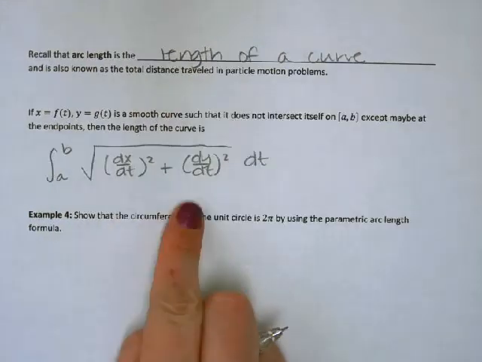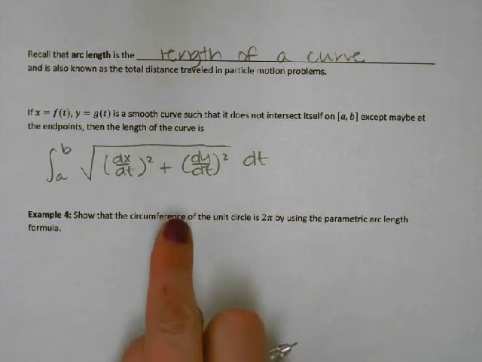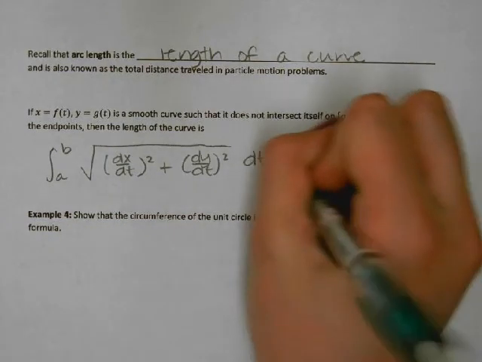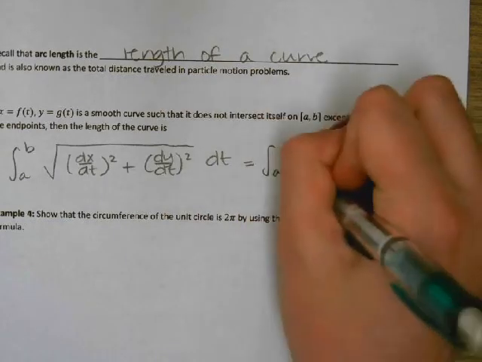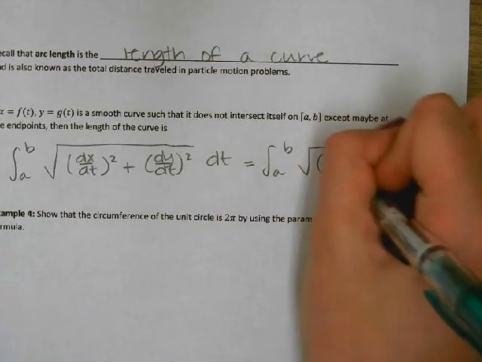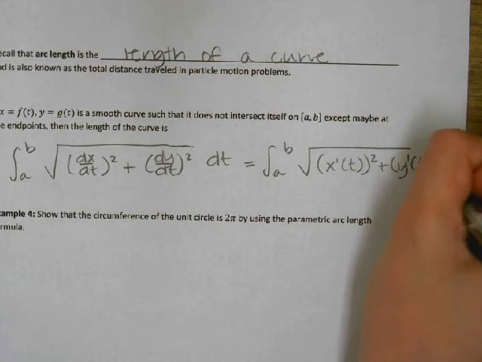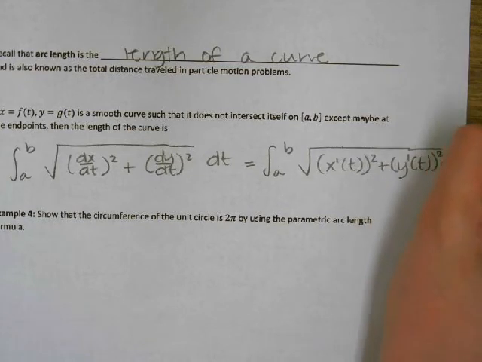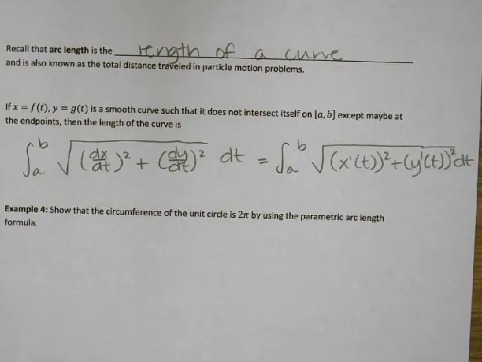And you were square rooting that and taking the integral. So this should remind you of the distance formula, which it kind of did last time too. So another way to write this would be x prime of t squared plus y prime of t squared. These equations are identical, it just kind of comes down to the way that you're comfortable writing it.